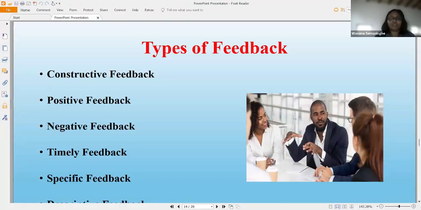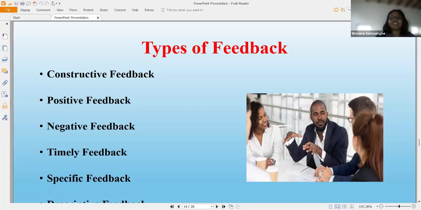We have already told about this, but let's see types of feedback. There are different types of feedback: constructive feedback, positive feedback, negative feedback, timely feedback, and specific feedback. Okay? What are they? Yes, constructive, we just explained.